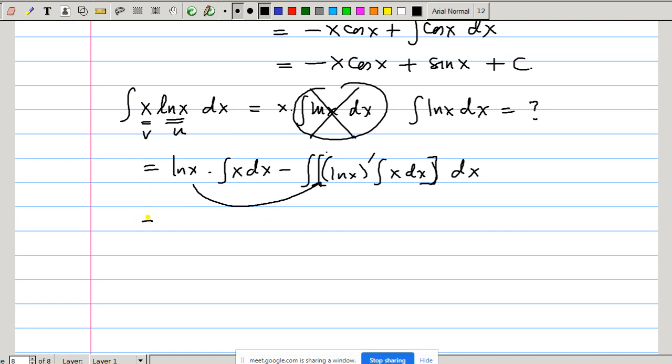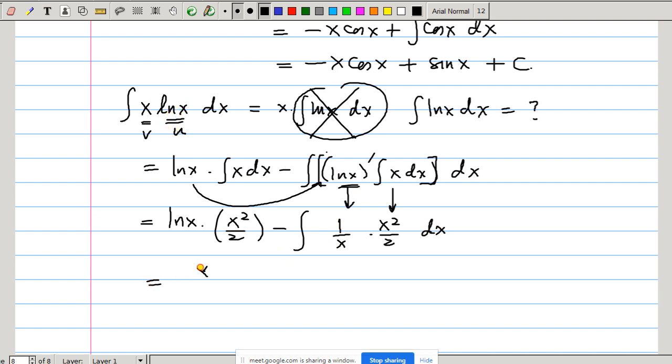This makes it difficult because log of x is there. X becomes x square by 2. So we can say that we are in bigger trouble. But at the same time, the derivative of log of x is 1 over x. So log is gone. So whenever there is a log inside your function, that is the choice for you.